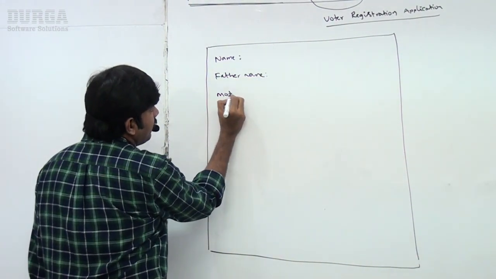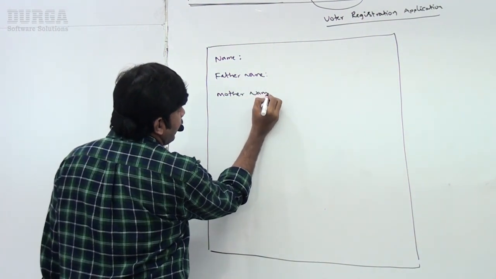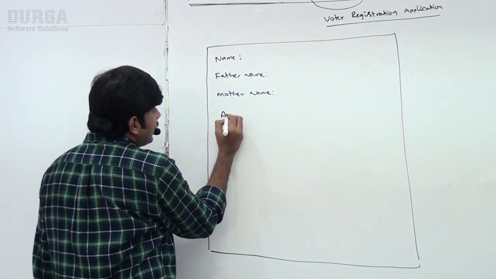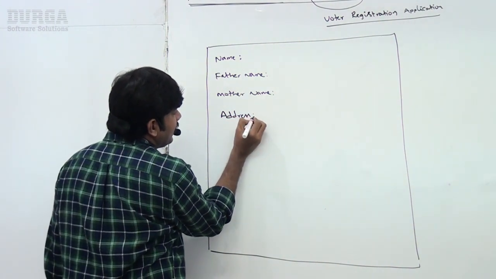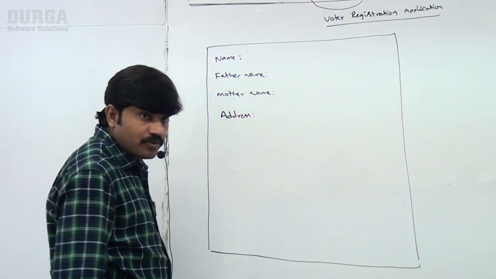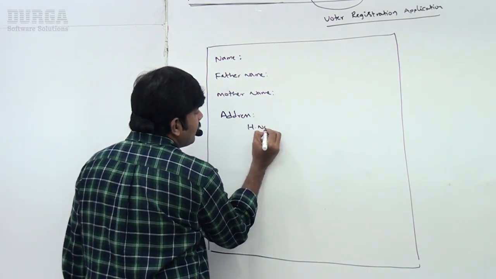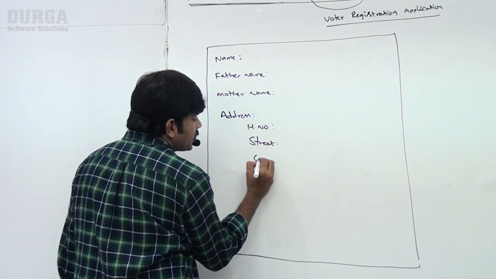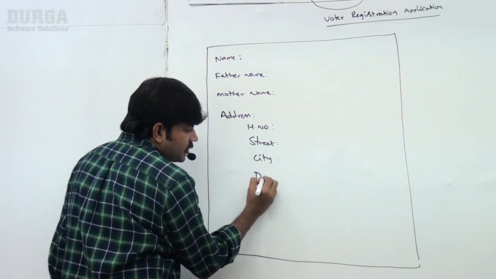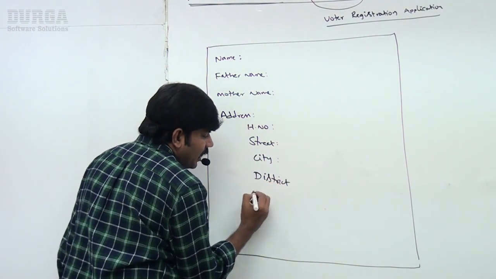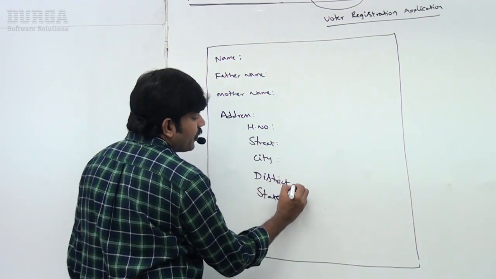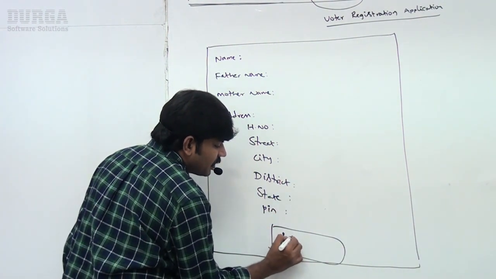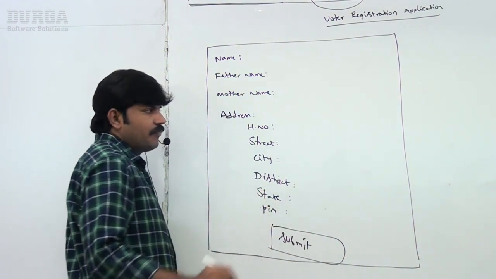Next, mother name. These days in India, mother name also should be specified everywhere. Next, address, because voter ID acts as address proof also: house number, street, city or village, district, state, pin number, and at last a submit button. Of course, multiple fields will be there.